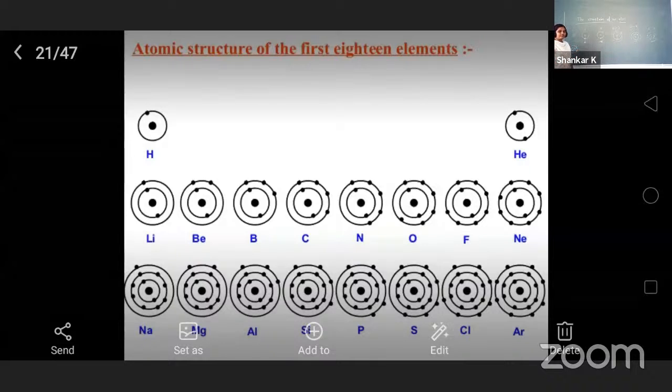Then which element has 7 electrons? Nitrogen. Nitrogen has atomic number 7.